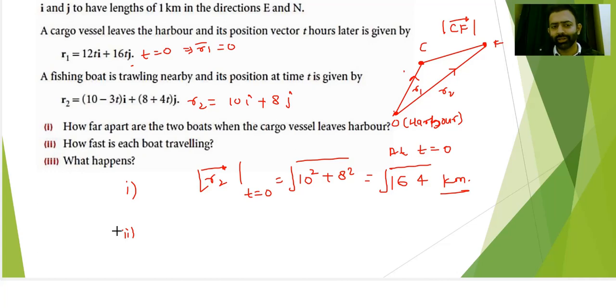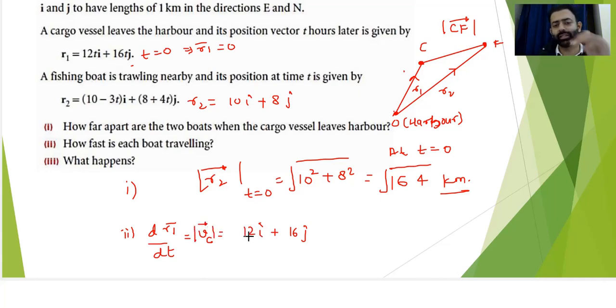So if I have to find the velocity of the cargo, I will differentiate r1 with respect to t. This will be your velocity of cargo, denoted by vc. So this is 12i cap plus 16j cap.